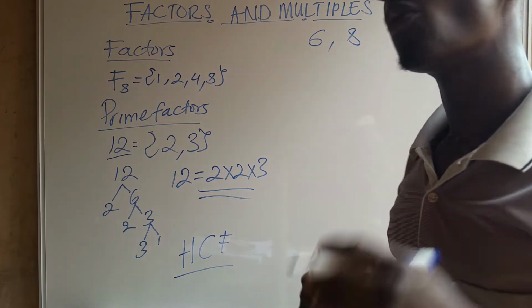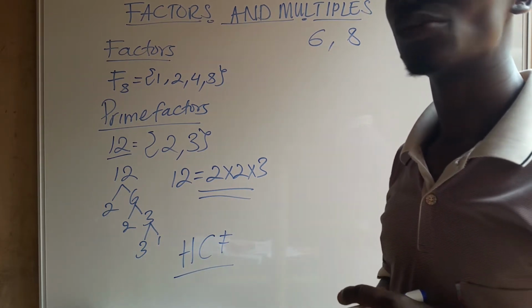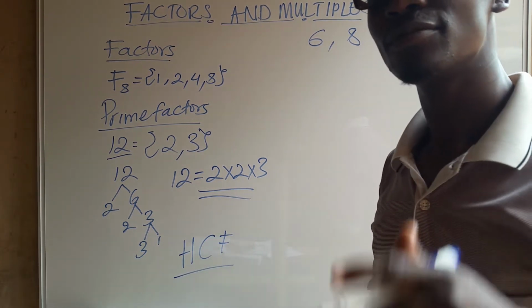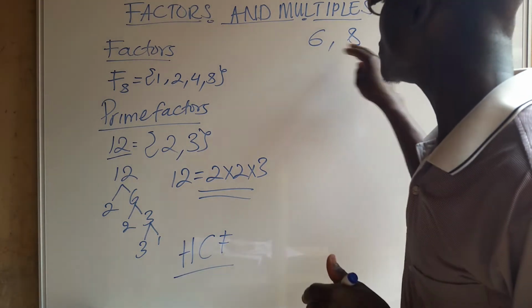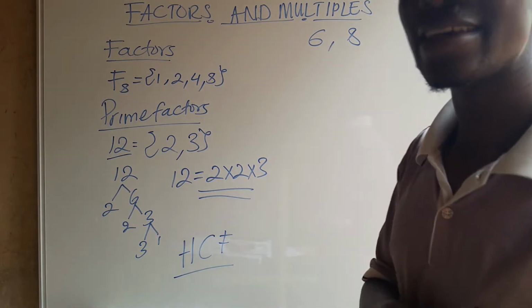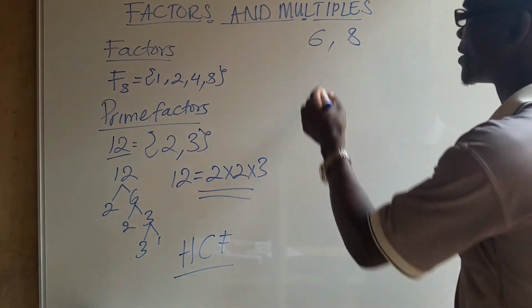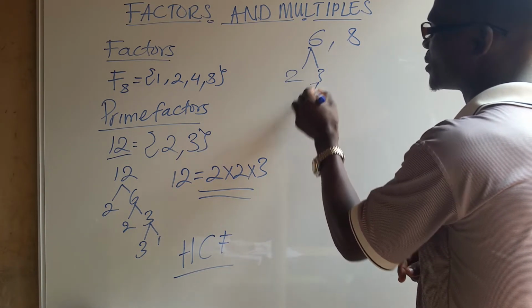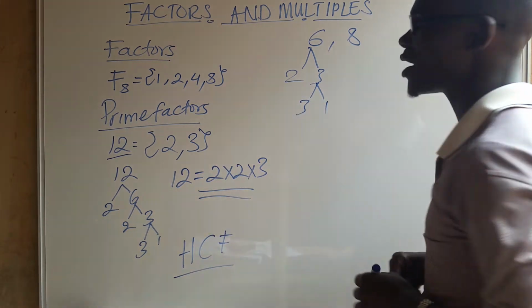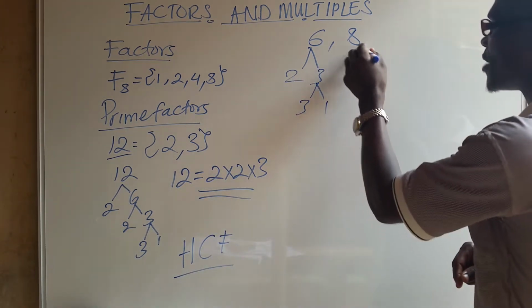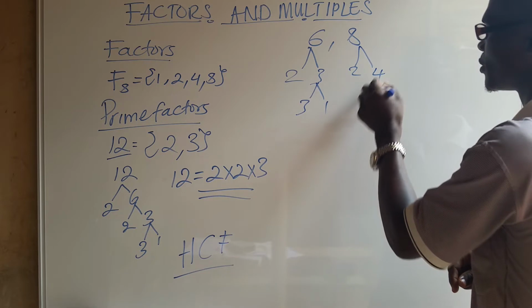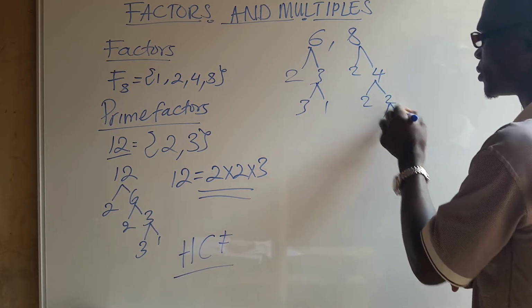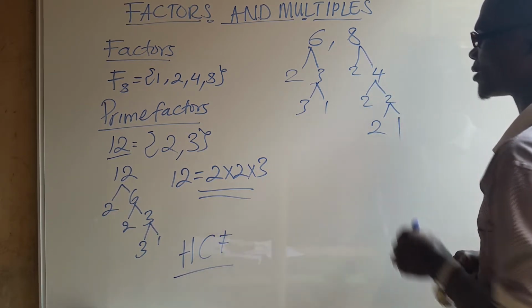After that, we choose which of the prime factors of these 2 numbers are highest. For instance, 6 by 2, 3, by 3, 1. 8, that is by 2, 4, by 2, 2, by 2, 1.